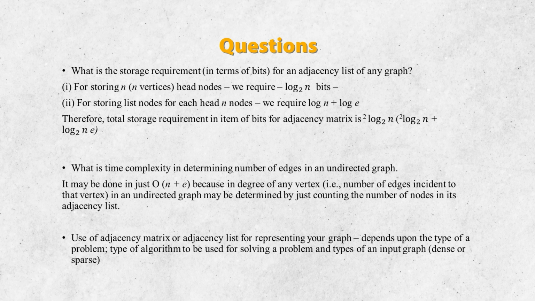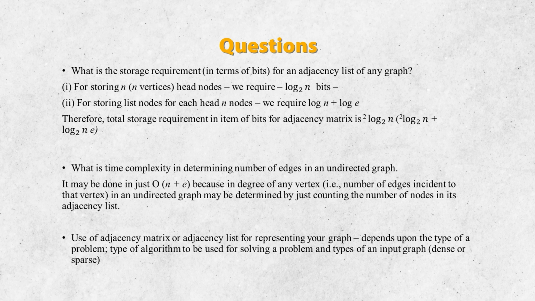Therefore the total storage requirement will be log base 2 n plus log base 2 e. Okay, so it is a lesser storage complexity compared to the adjacency matrix, where the complexity was n squared.